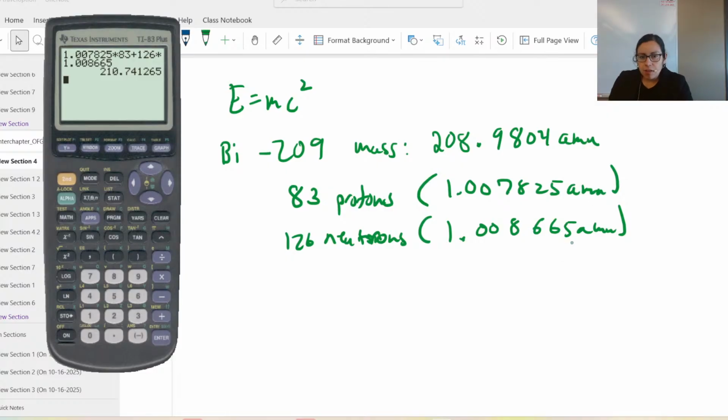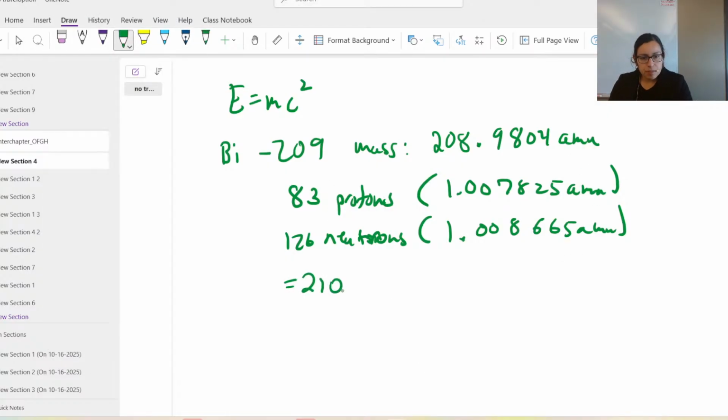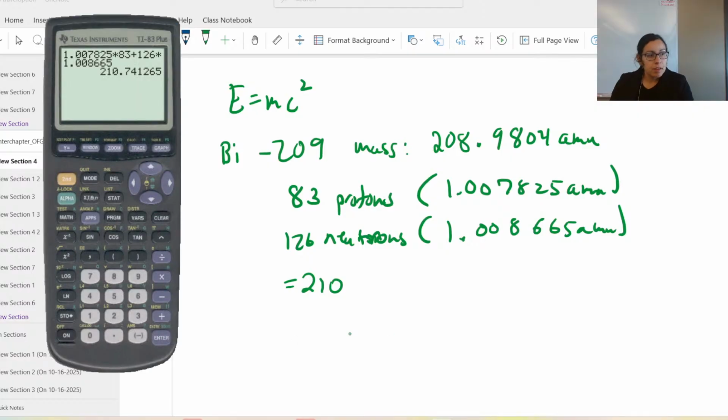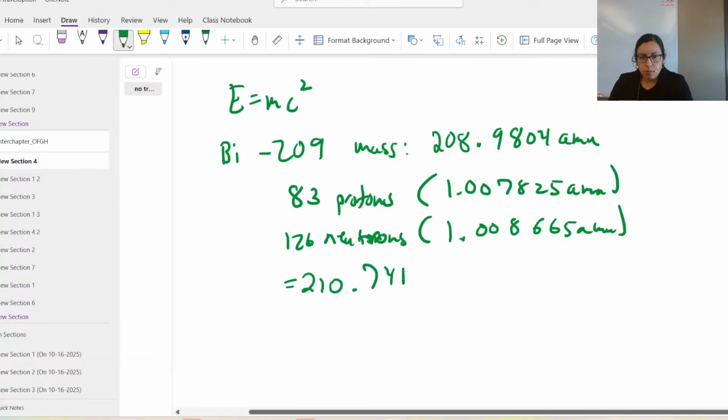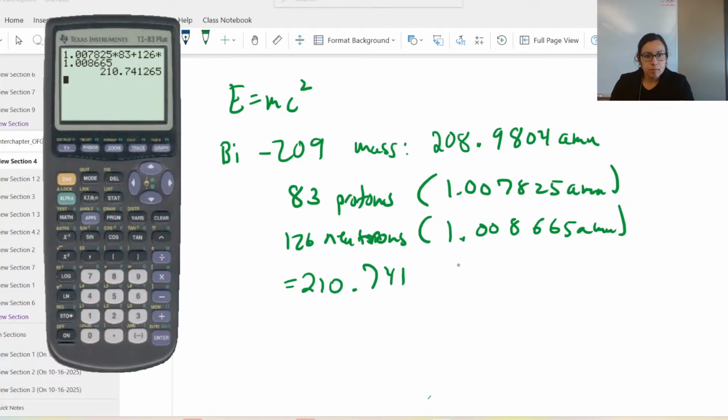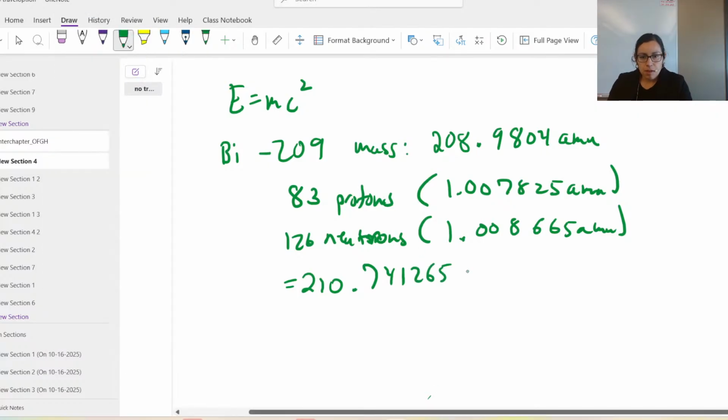And okay, so there's our mass defect. So let's write this out for a second: 210.741265 AMU.